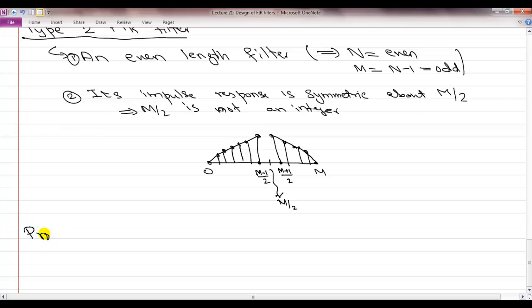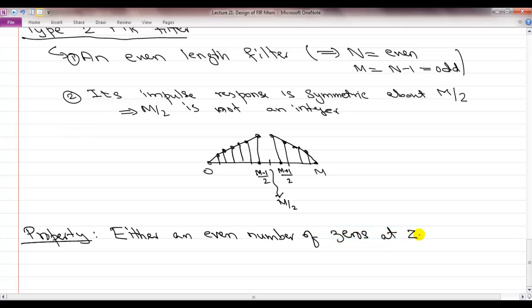So the major property of this filter that you should remember is it has either an even number of zeros at z equal to 1 or no zeros at z equal to 1, which means that it can be used as a low pass filter.